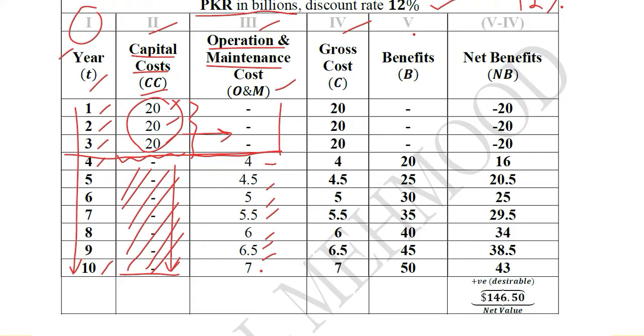So after summing these two, we will get the gross cost, which is definitely the sum of the two. As you can see, you can verify the calculation and see if there is any mistake. However, it seems correct, and this is the sum of this column and that column.